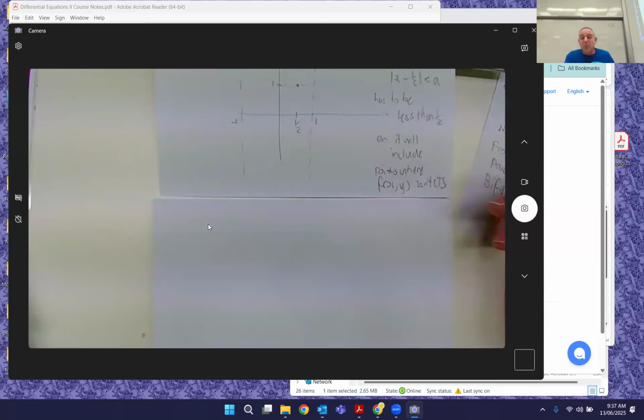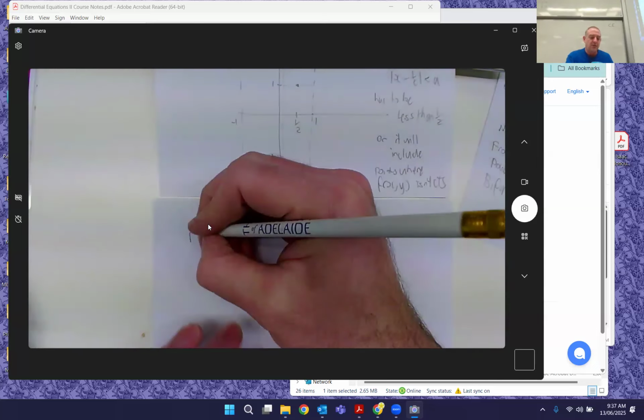So if someone told me a rectangle and then asked what is the region around which there would be a unique solution, maybe do that. Let's just add extra.